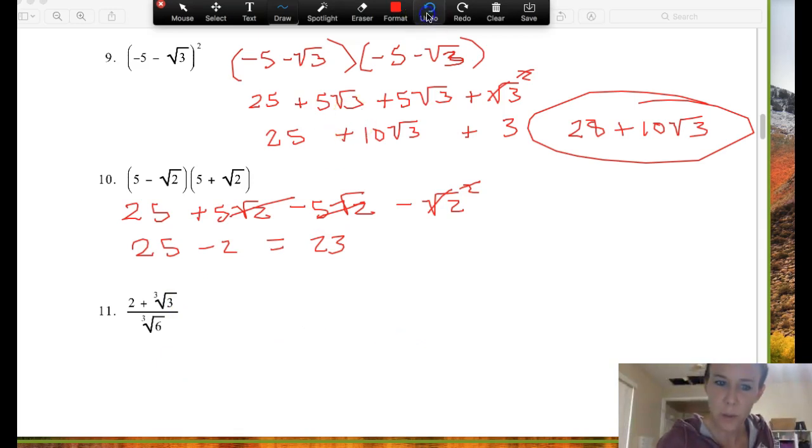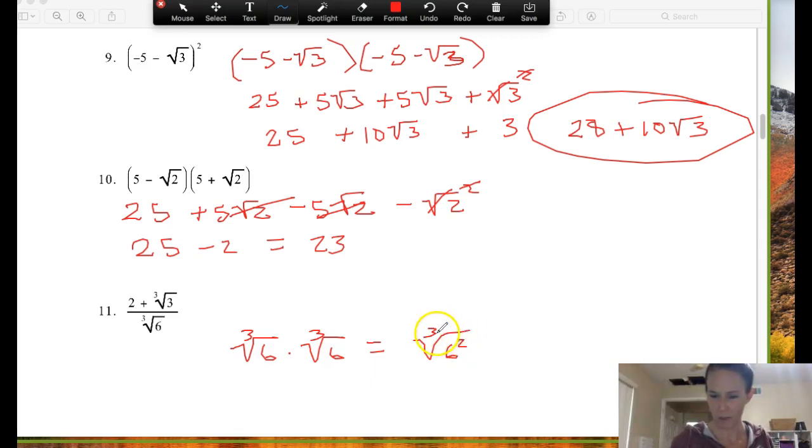But when it's a cube root, if I were to multiply the cube root of 6 by itself, that gives me the cube root of 6 squared. The square and the cube don't cancel. That's not going to work. So I've got to figure out how to make this be 6 cubed. Instead of multiplying it by itself, what I need to do is multiply it by the cube root of 6 squared.